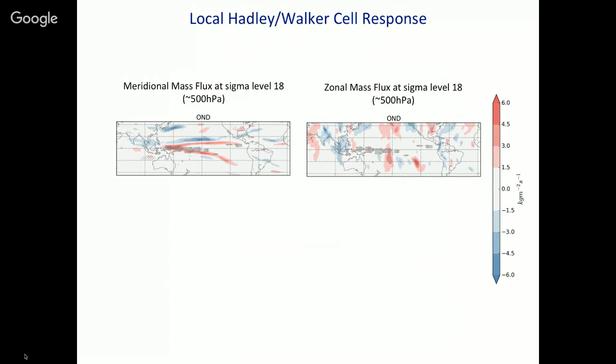In this case, what you see is a meridional mass flux at sigma level 18, which is roughly mid troposphere. And what I'm showing here is October, November, December. As you can see, there is a decrease over this region and an increase over this region, which shows the shift I was talking about initially, that my ITCZ is shifting south.